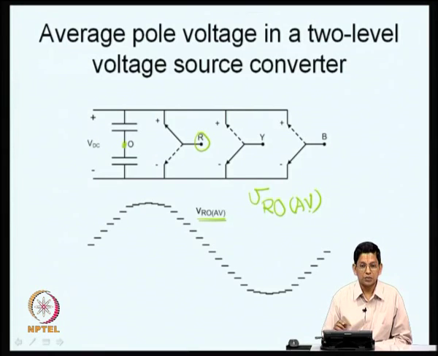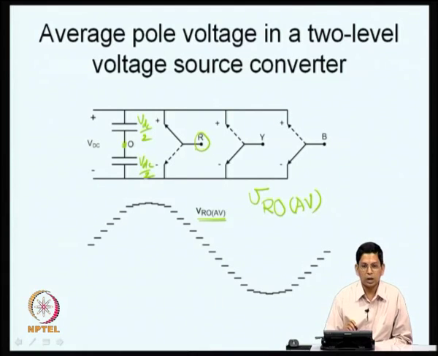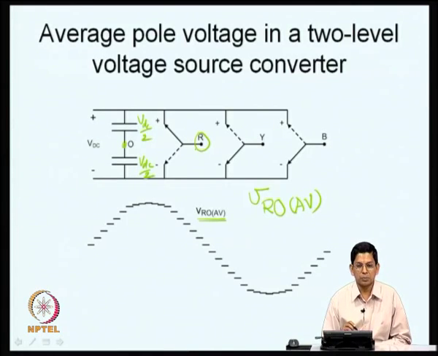This VRO average can be anywhere between plus VDC by 2 and minus VDC by 2, because this has a potential VDC by 2, this also has a potential VDC by 2. The instantaneous value is either plus VDC by 2 or minus VDC by 2, and you can apply plus VDC by 2 for some time and minus VDC by 2 for some other time, so there is a kind of time averaging that you are doing.